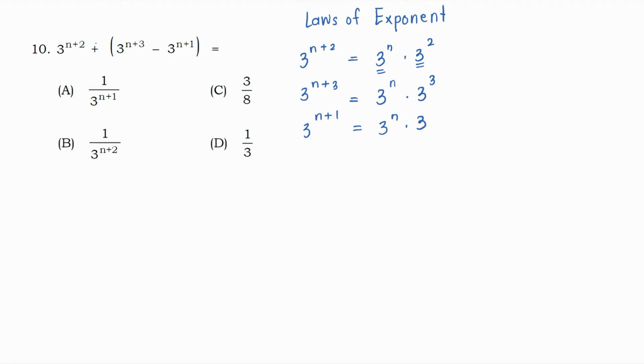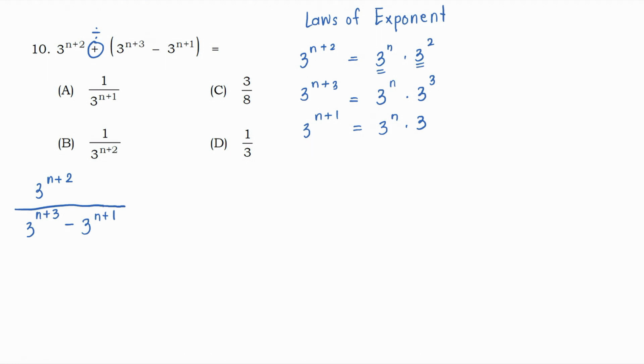And once we have that, ayan, so hindi natin kasi makukuha yung correct answer kapag addition yung ginamit natin. So, iibahin natin, i-divide natin. Ayan, so we can rewrite this as 3 raised to n plus 2 over 3 raised to n plus 3 minus 3 raised to n plus 1. Ayan, nagkamali lang ata nung paglagay ng sign.